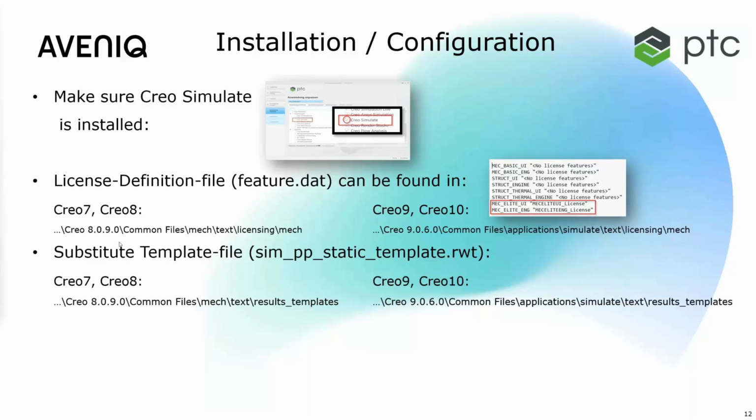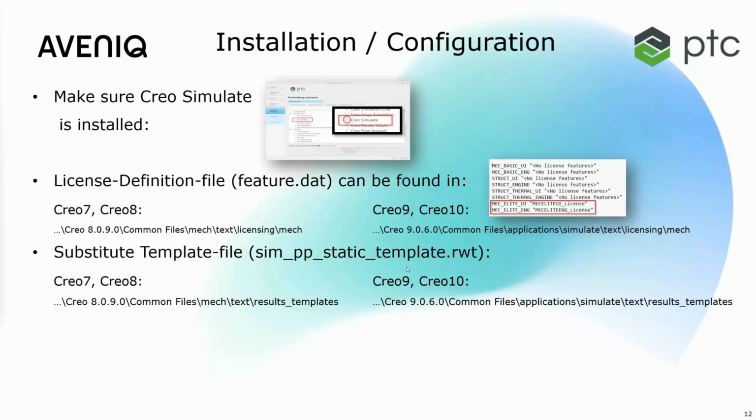It would also make sense to replace a so-called template, the SimPaper static template .rwt, to have nice result windows in the post-processor of Creo Simulate. Normally you can replace this file without admin rights.